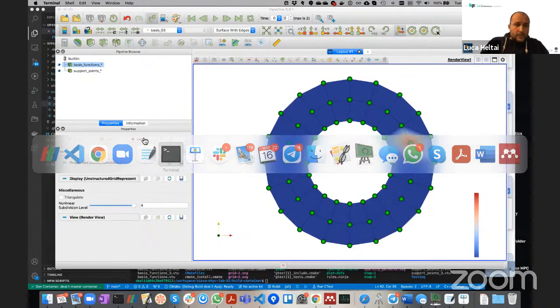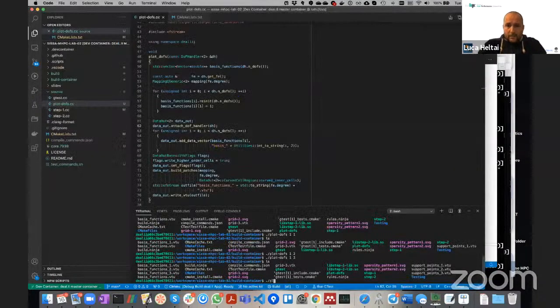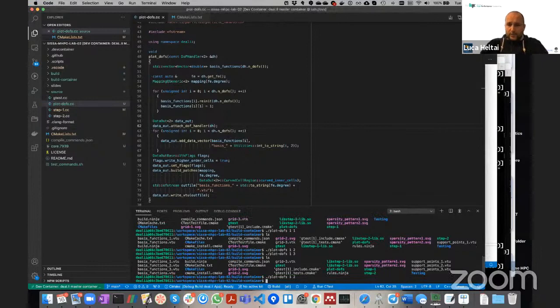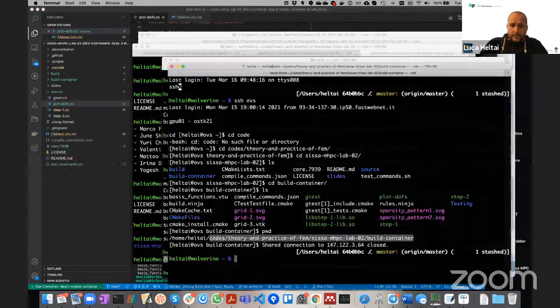Now what I would like to do is to run the same thing with 1 refinement and polynomial degree 2. And now I should be able to copy this here.